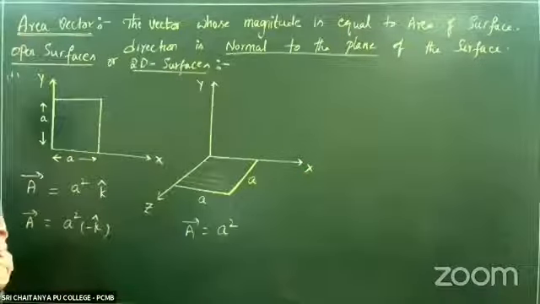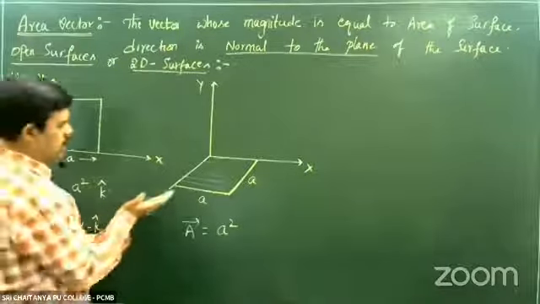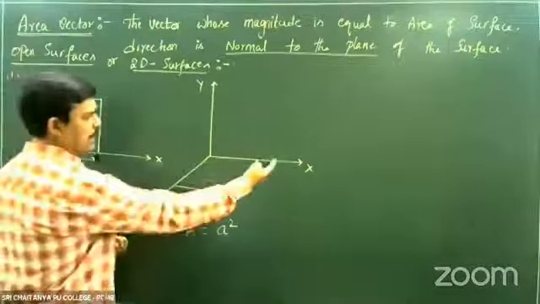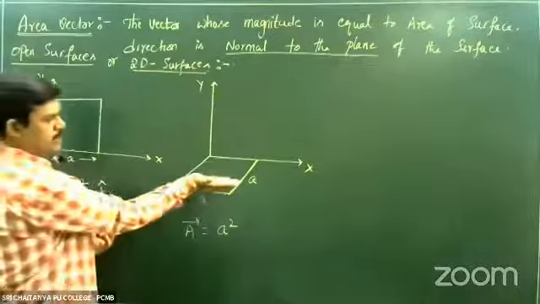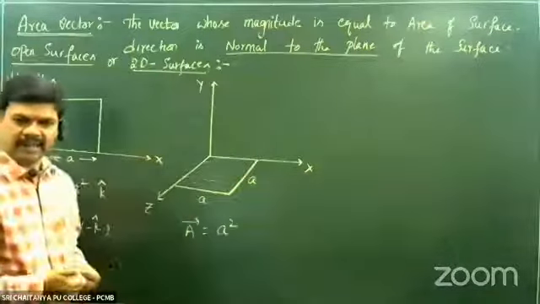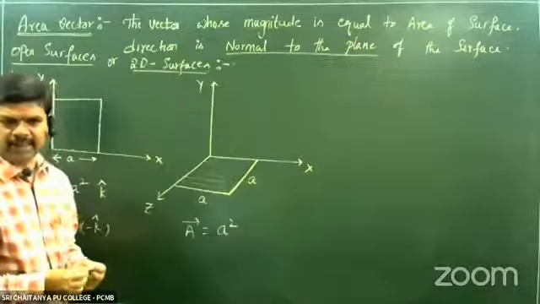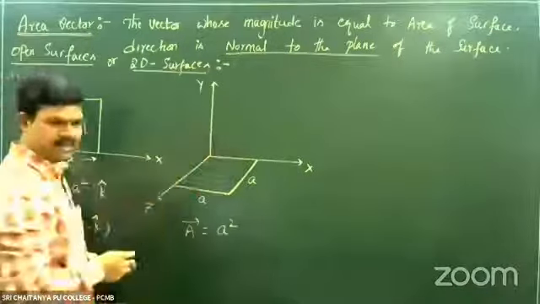What is the direction? For finding the direction, we have to see in which plane it is. It is in XZ plane, right? Whatever surface we took is in XZ plane. If it is in XZ plane, what is the normal? That normal is along y-axis.